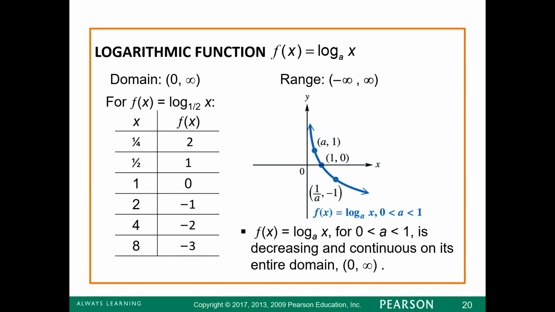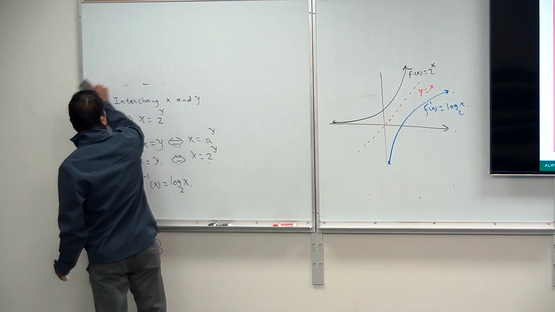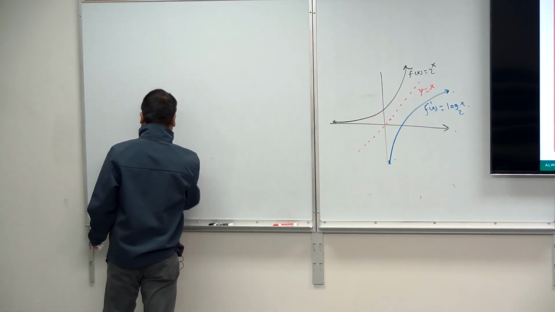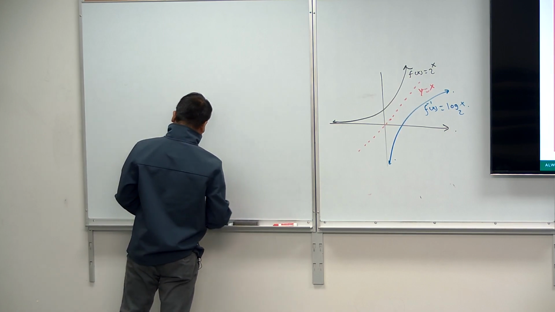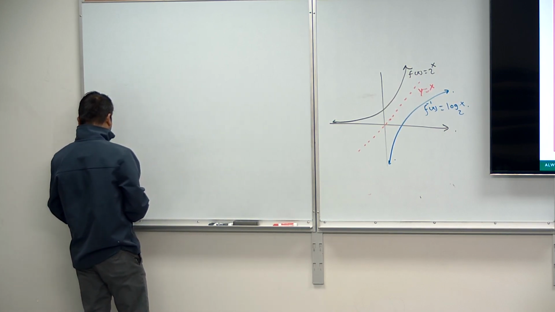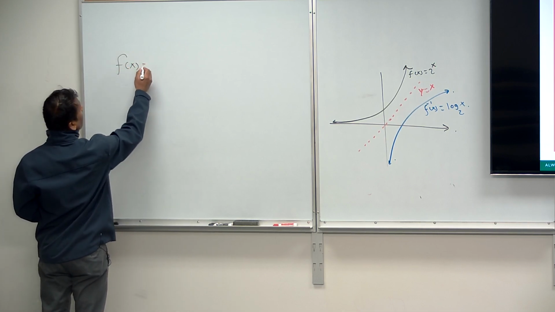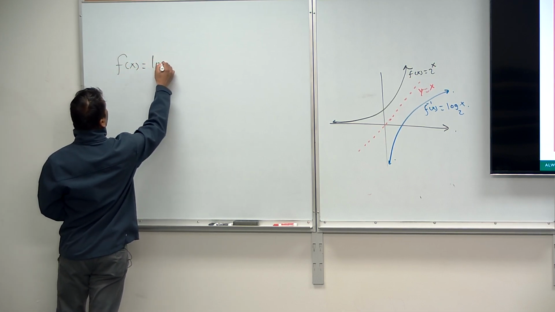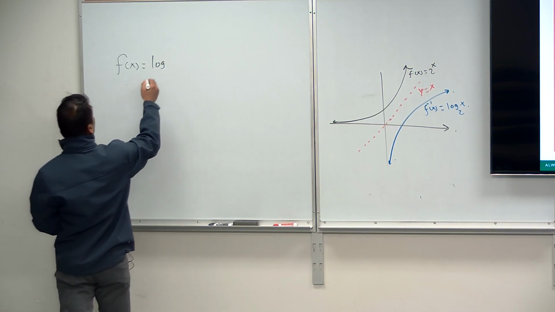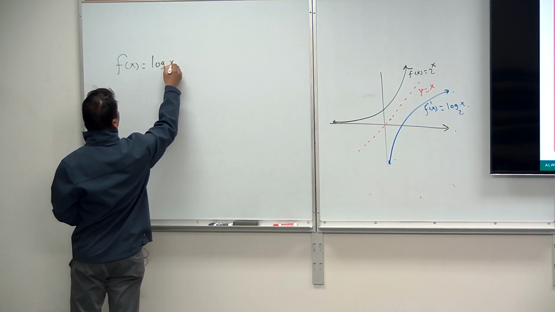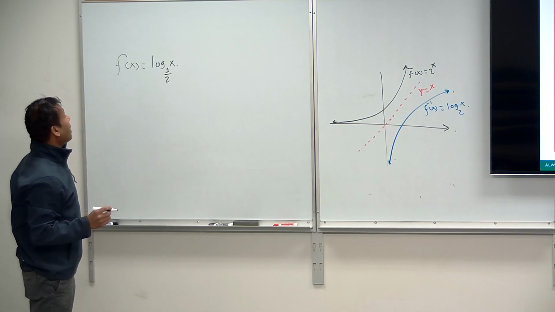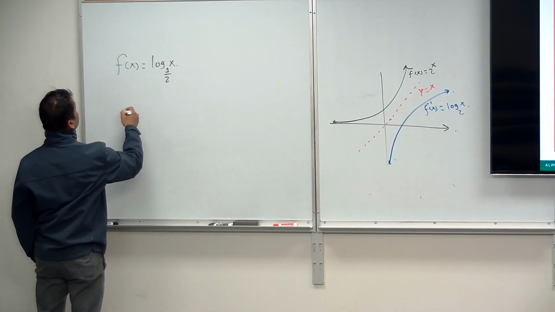So let me draw this graph. If we want to draw the graph of the function f(x) equal to logarithm with base 1/2 of x, you need to find the different y values for different x values.